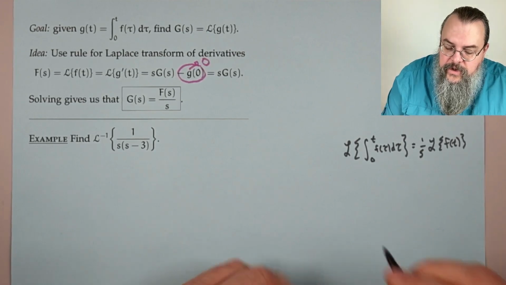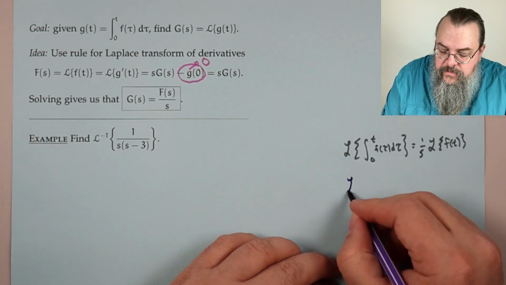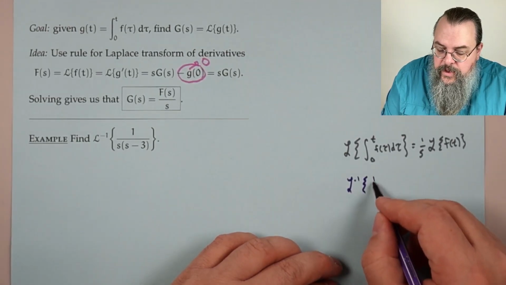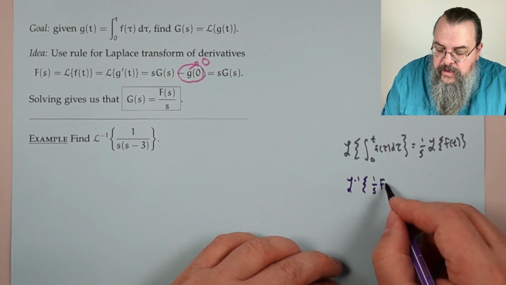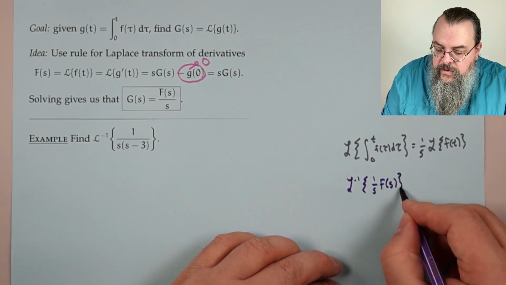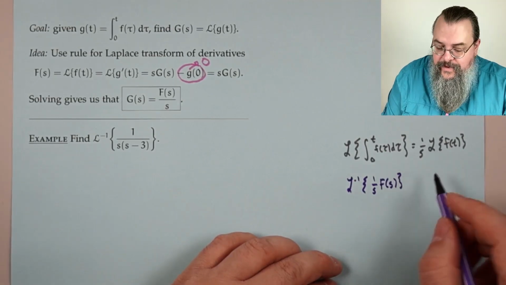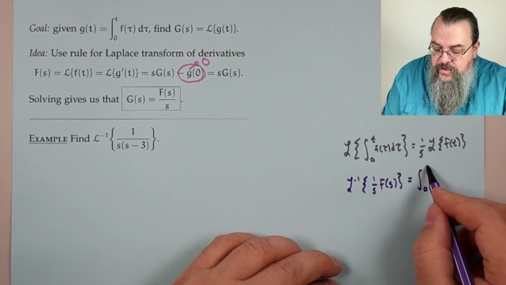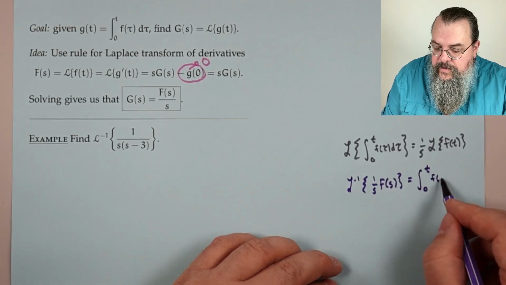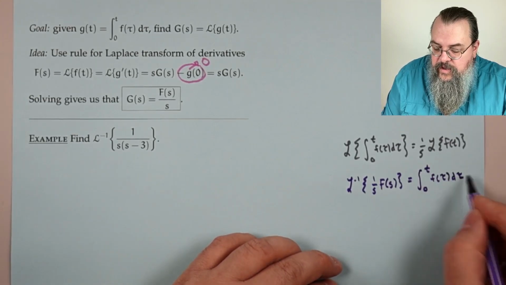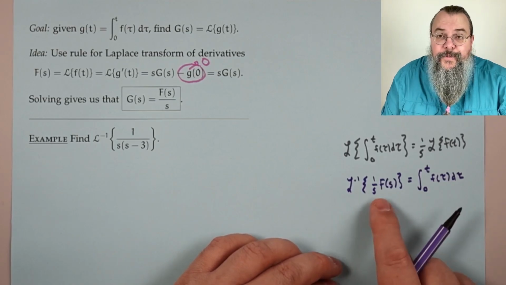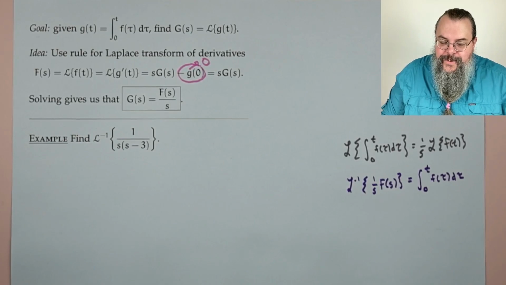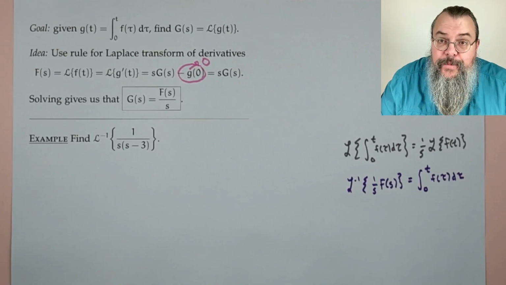If we wanted to do the inverse Laplace transform of 1 over s times F of s, that would be the integral from 0 to t of f of tau d tau. So inverse Laplace with a 1 over s becomes an integral. All right, good. So let's see an example.